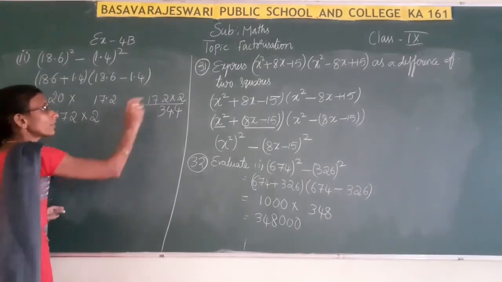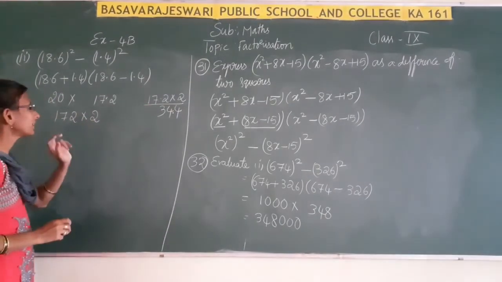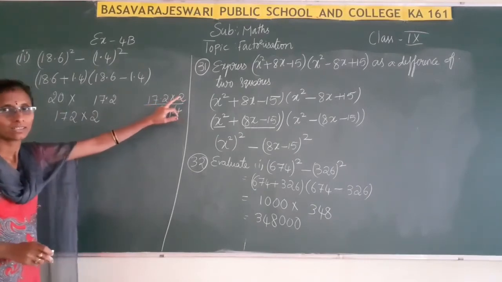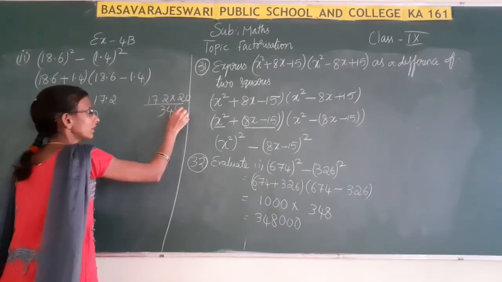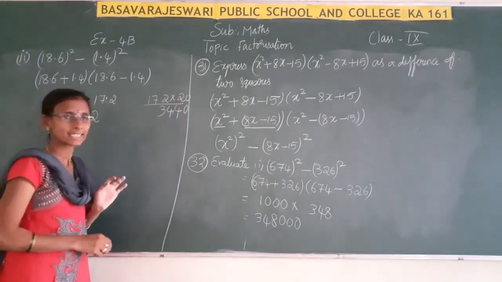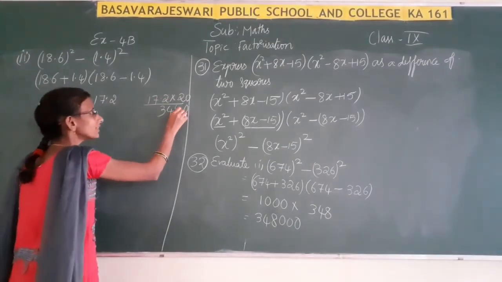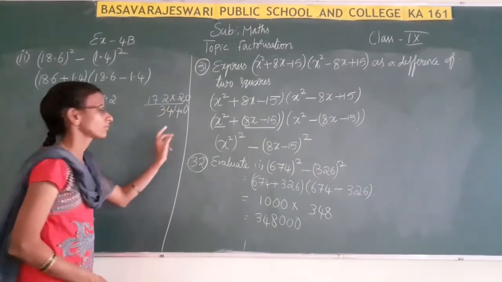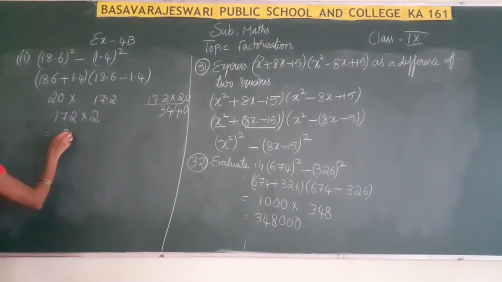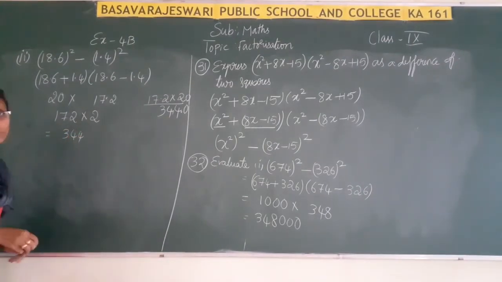This is only for 2. If we multiply with 20, 1 zero here, so 1 digit after the decimal point, so the value will be 344. Okay, so the answer is 344.